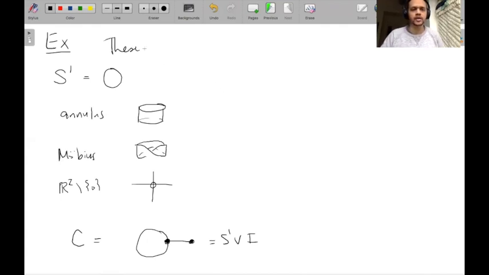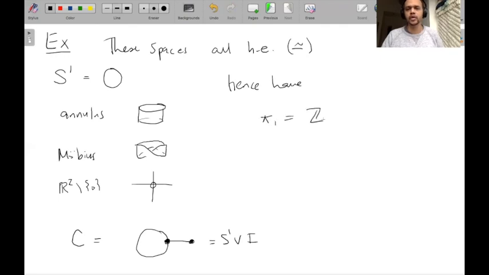So these spaces are all homotopy equivalent, and hence have the same fundamental group, which is the fundamental group of the circle, which is Z.